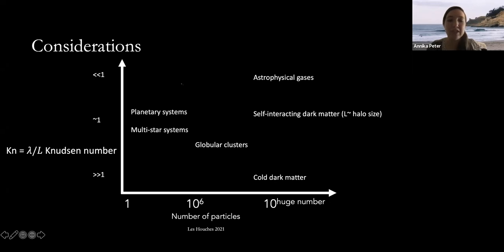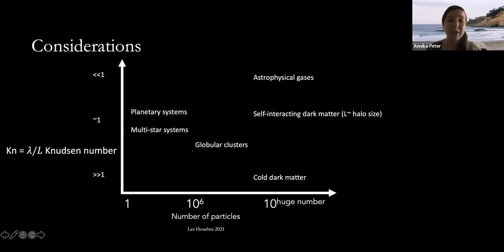Okay, so let's talk about where familiar systems lie in this space. Planetary systems and multi-star systems tend to be in the small number of particles, but semi-scattering regime. Globular clusters, which are very dense star clusters of still somewhat mysterious origin, tend to inhabit the 10 to the 6 particle range.